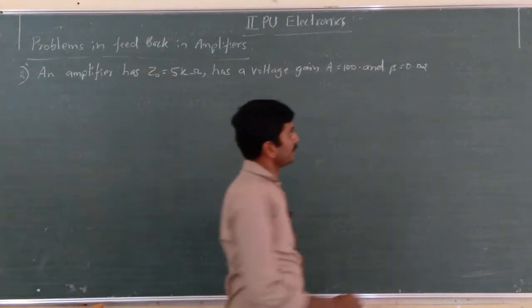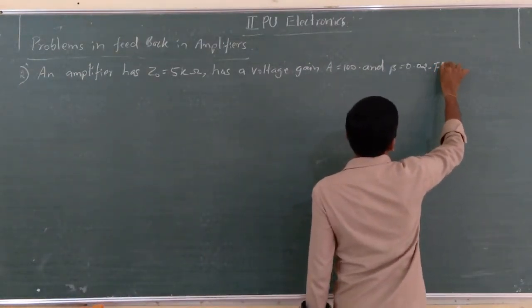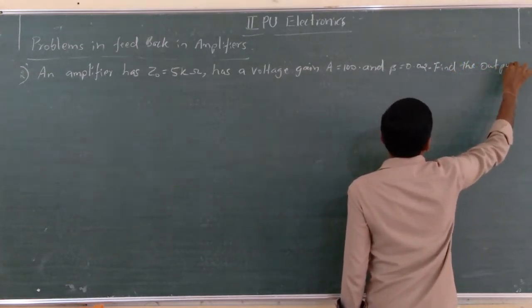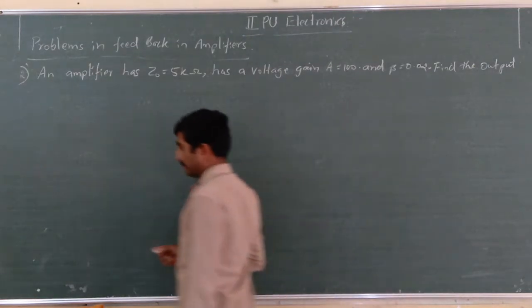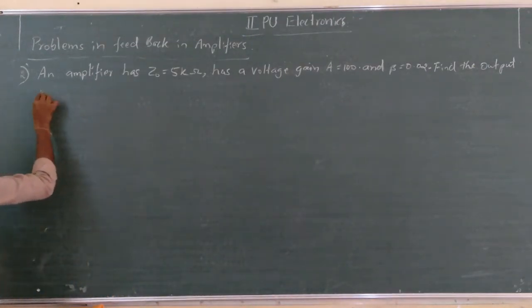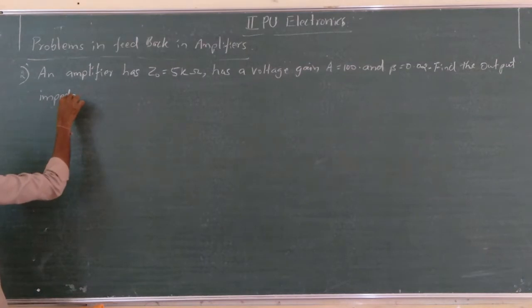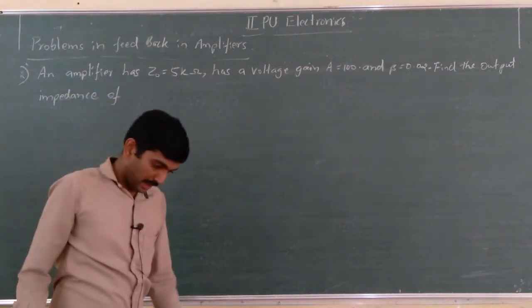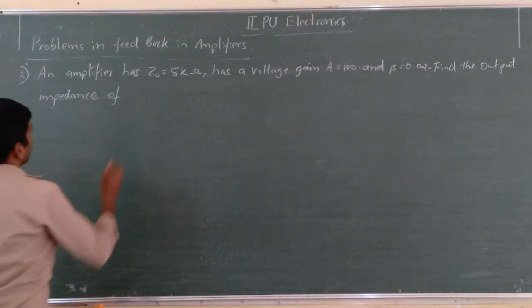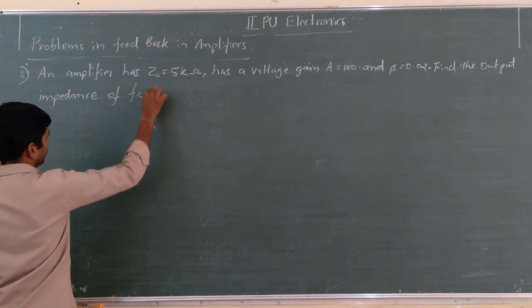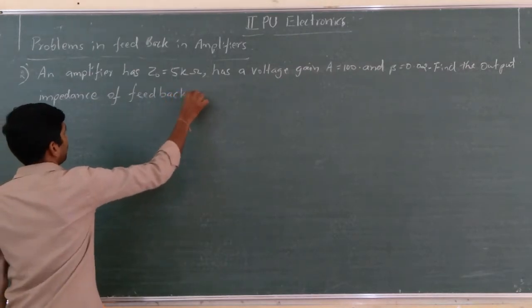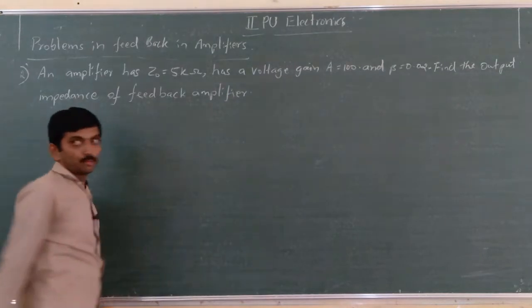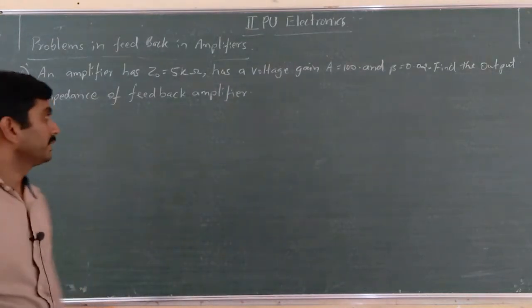Find the output impedance of the feedback amplifier.